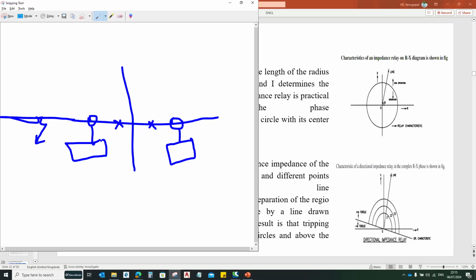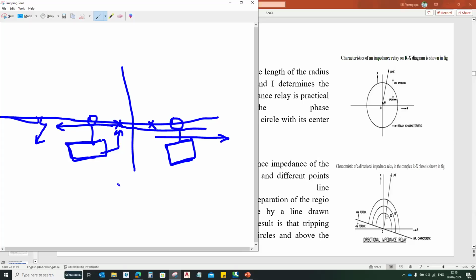This relay is settable in such a way that if the fault current is in this direction, this relay will operate and trip this circuit breaker. But in this fault condition, the fault current flows from the other direction, so this relay will not operate, because it is set for current in this direction.